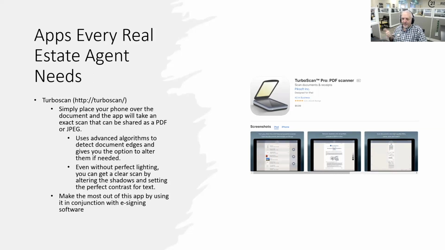I have actually used this app at a closing before when I had my folder with all of my paperwork and documents in it, and the closing attorney was missing one of the amendments needed for the file. I was able to pull out my folder, take a photo with the app, scan it, and immediately send it off to the processor at the closing attorney's office.